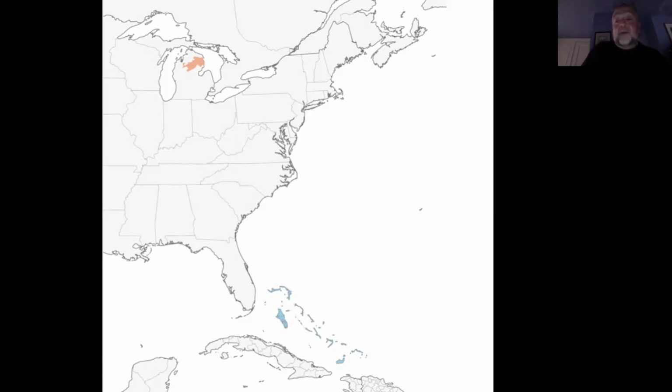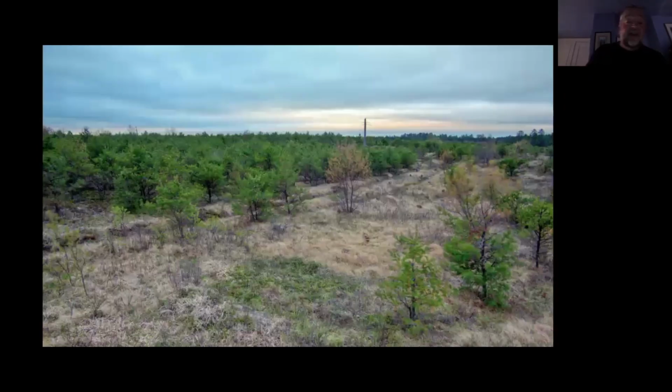But as biologists sorted out some of the habitat needs for this bird, some of the other issues involving cowbird parasitism, agricultural chemicals, things like that, some habitat modifications were done in different regions. And this is a conservation success story. Here's the sort of young jack pine forest that the Kirtland's warblers like.